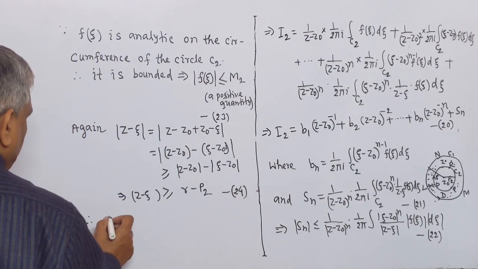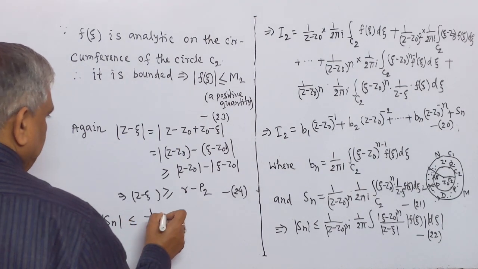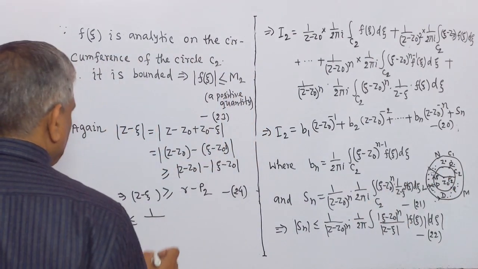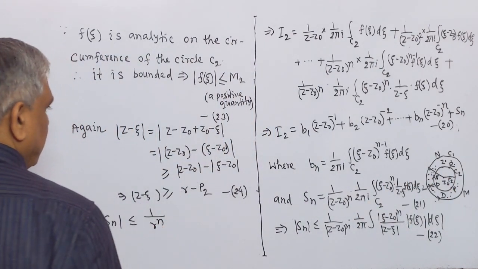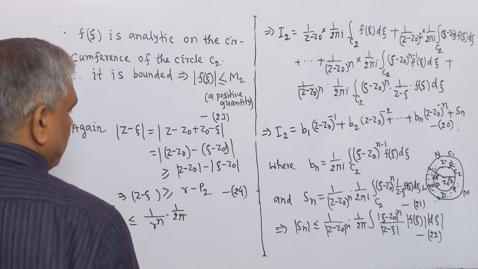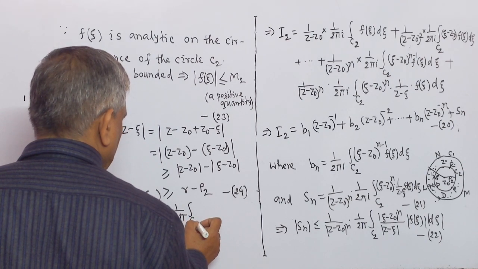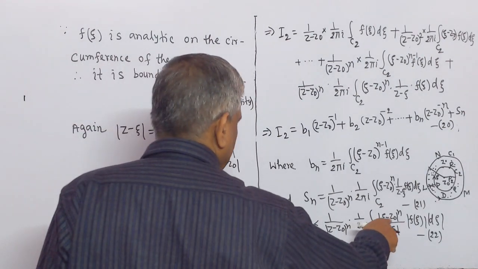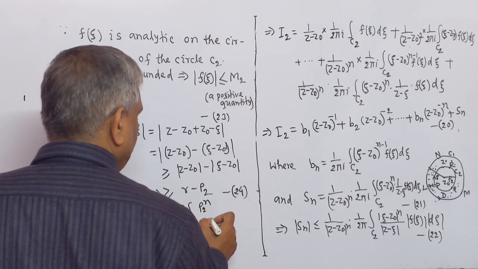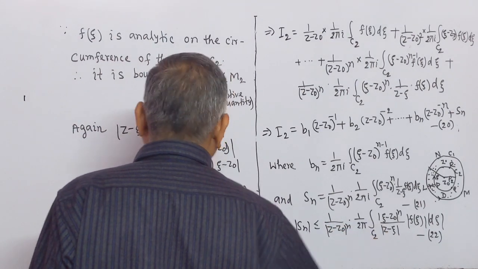Therefore modulus of Sn less than equal to 1 by modulus of z minus z naught, which is r, to the power n multiply 1 by 2 pi integration along the circle C2 modulus of xi minus z naught, which is rho 2, to the power n, over modulus of z minus xi.